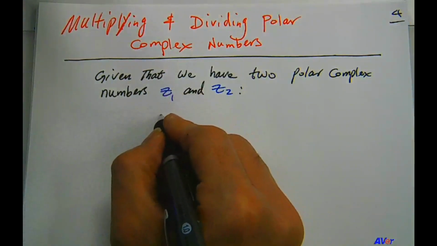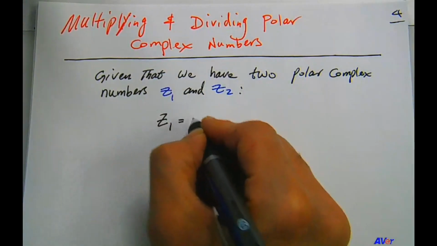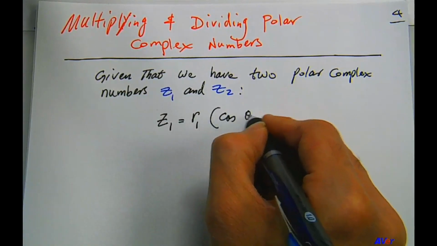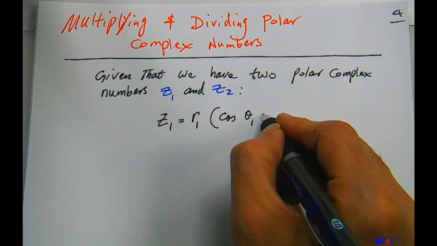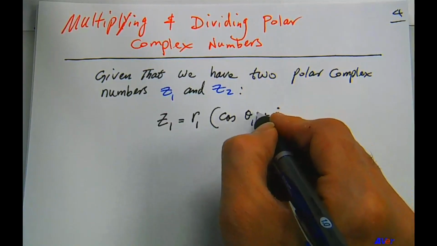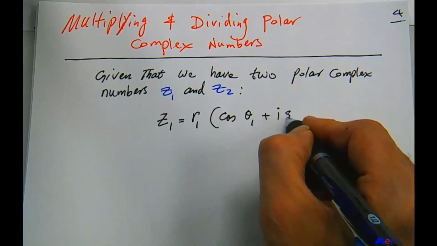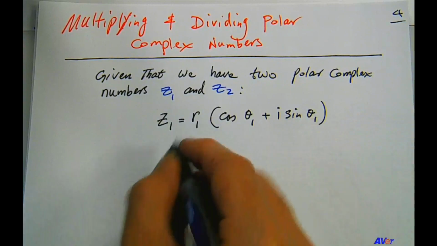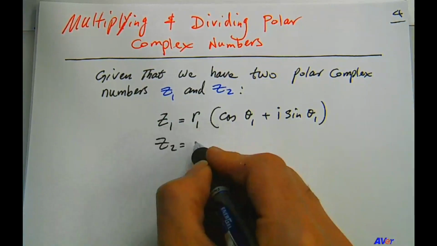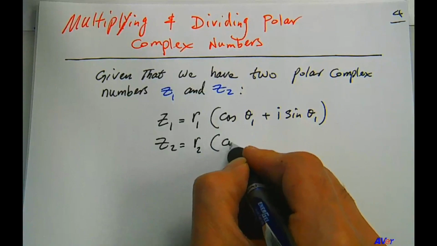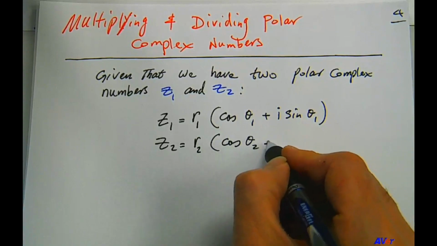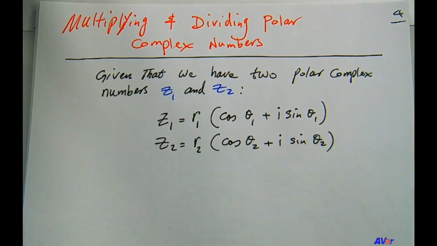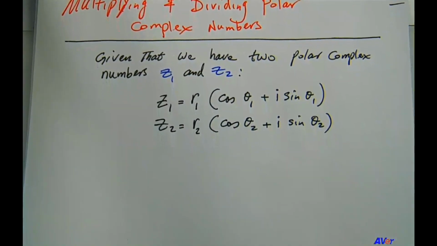We have Z1 equaling R1 times cosine of theta 1 plus i times sine of theta 1, right, given that, and Z2 will be R2 times cosine of theta 2 plus i sine theta 2, given that we have those two polar complex numbers.